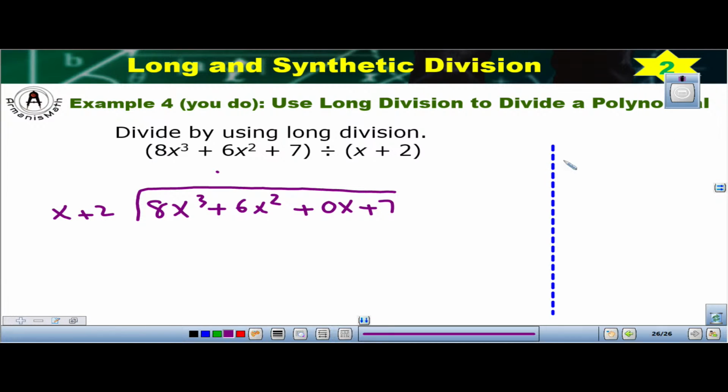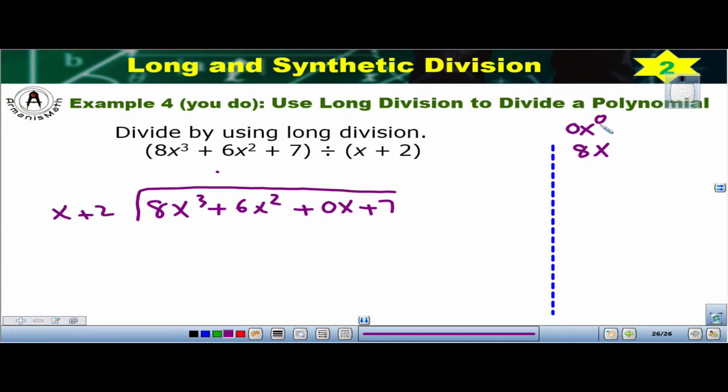So I've got 8x. Ali, 0 power would actually be here, right next to the 7, because I could put x to the 0. x to the 0 is 1.